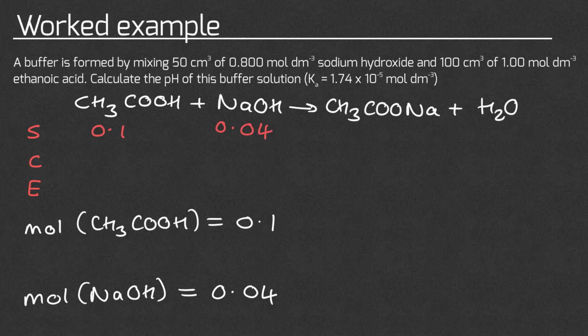During the reaction, all 0.04 moles of sodium hydroxide will react with the 0.1 moles of ethanoic acid. So that means the moles of each of these will decrease by 0.04. It's a 1 to 1 to 1 to 1 ratio of reactants and products, so we're going to produce 0.04 moles of the ethanoate salt and of water.